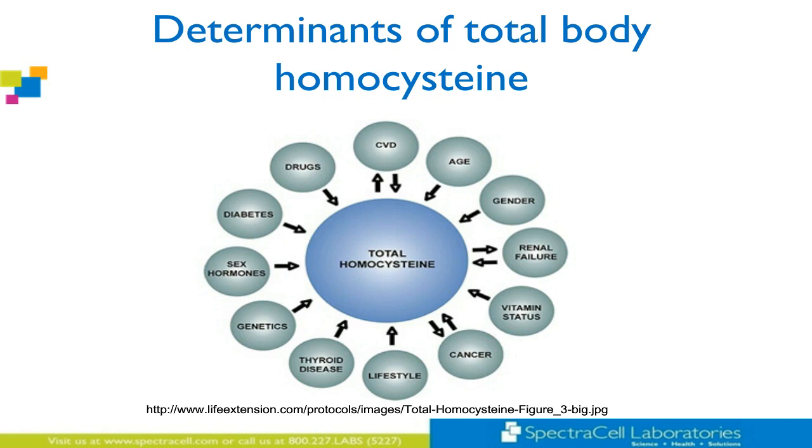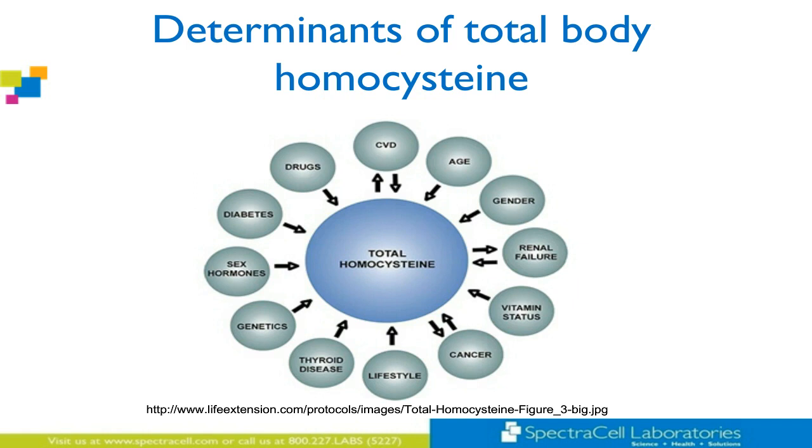So there is a give and take in multiple different areas. We can see cardiovascular at the very top, age and gender, drugs, diabetes, they all have an impact on determining that total value of homocysteine that we may see on a laboratory report.